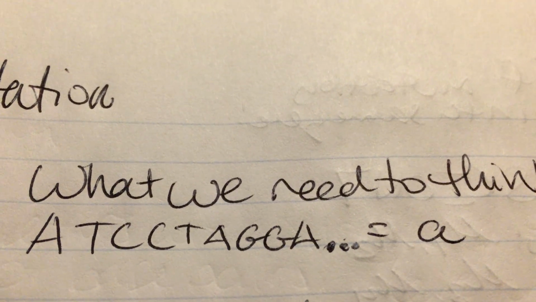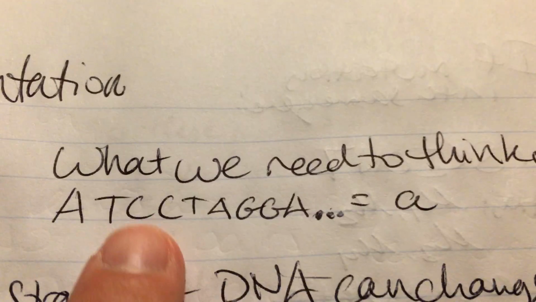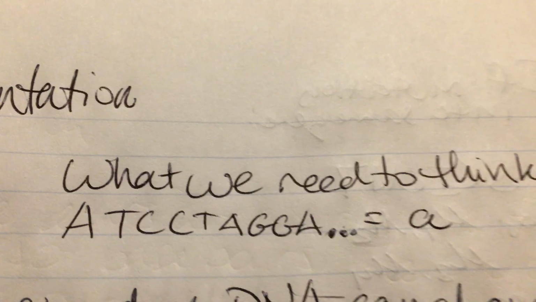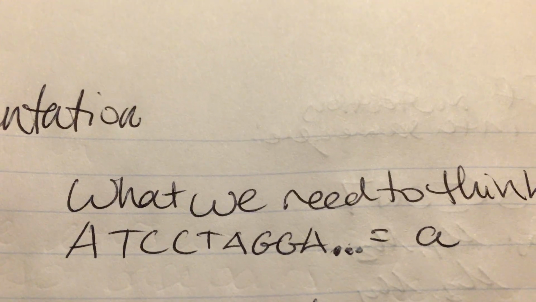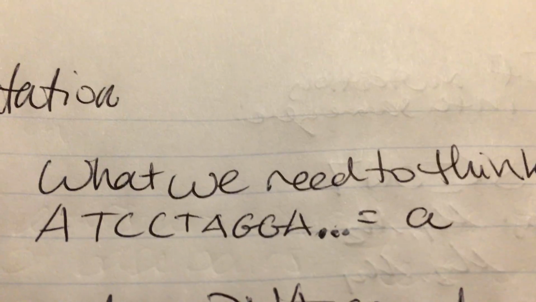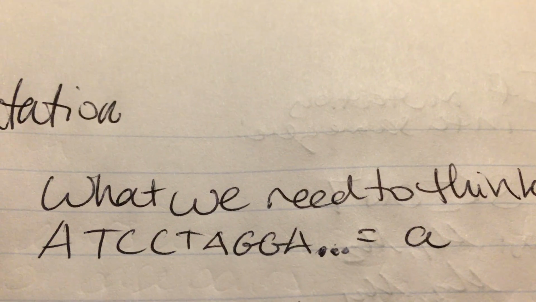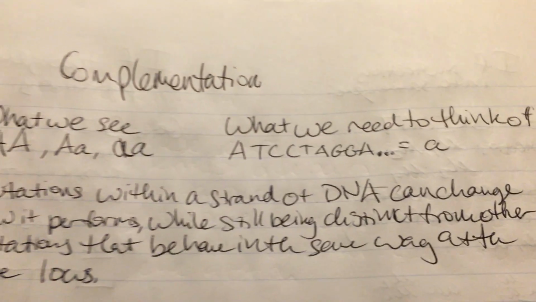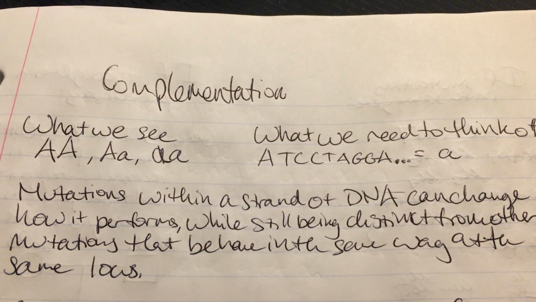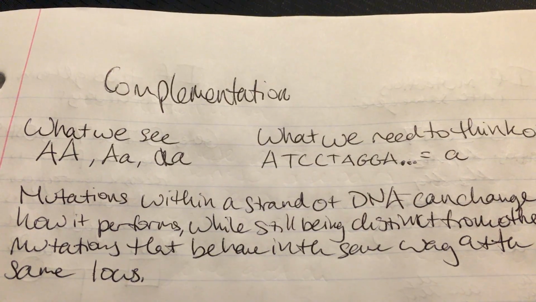In fact, there could be hundreds of different ways that this particular sequence could code for a lowercase recessive a, and these would be mutations, denoted mutations 1 through however many exist. Mutations within a strand of DNA can change how it performs while still being distinct from other mutations that behave in the same way at the same locus.